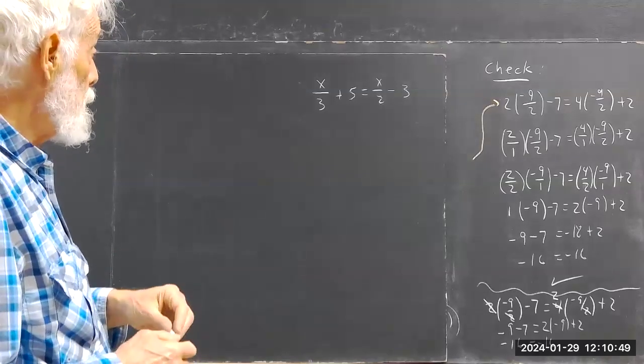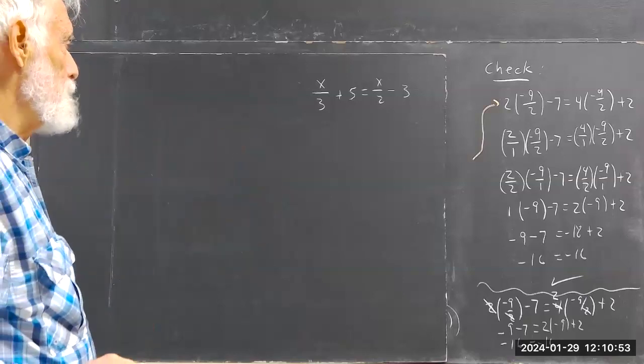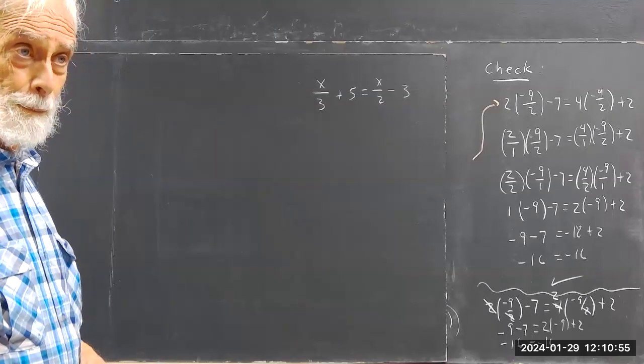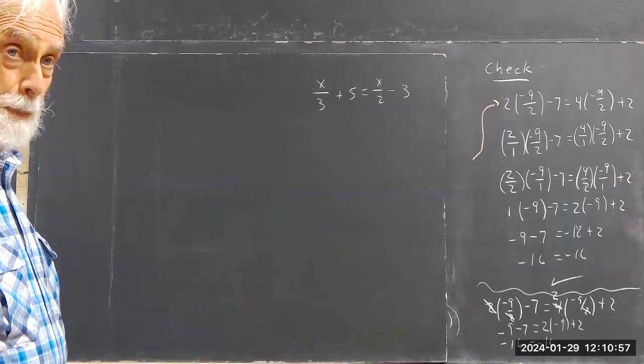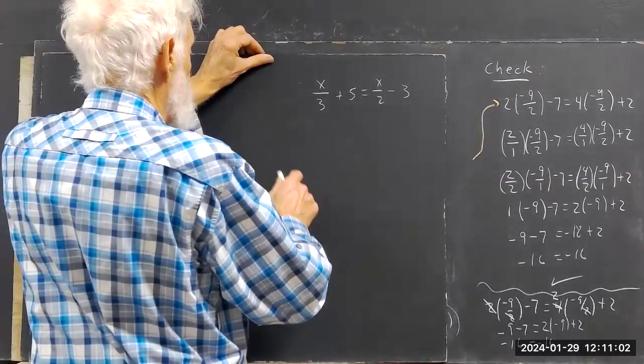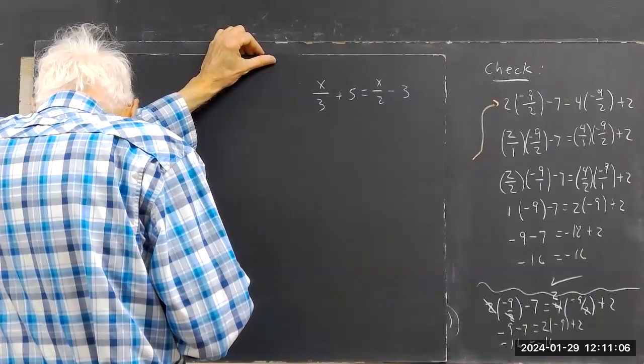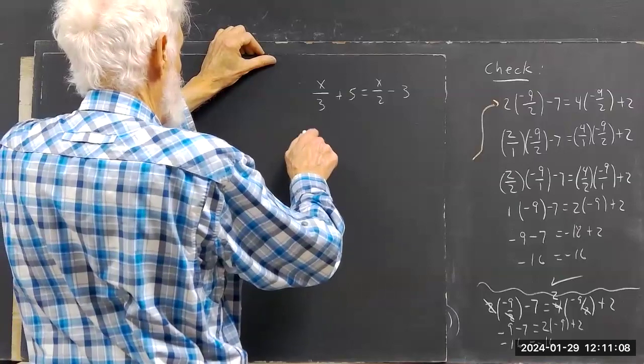Most of the time, I believe that's true. So what I'm going to do here is I'm going to exercise a little bit of overkill, and I'm going to solve this problem. Okay. I'm going to multiply both sides by, oh, let's say, 90.